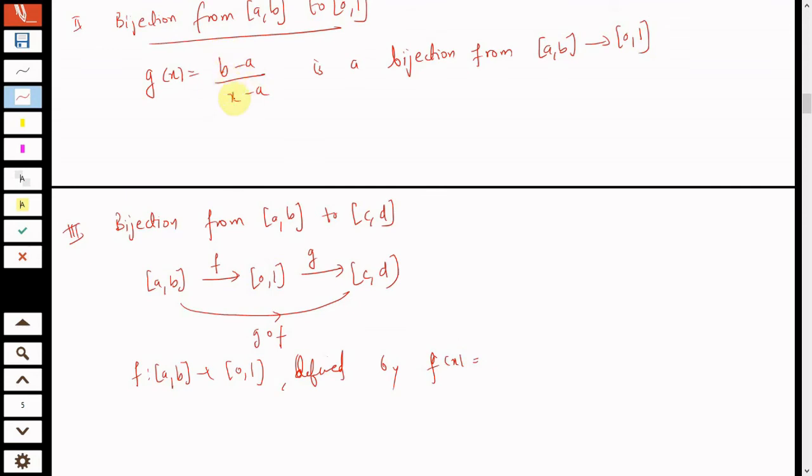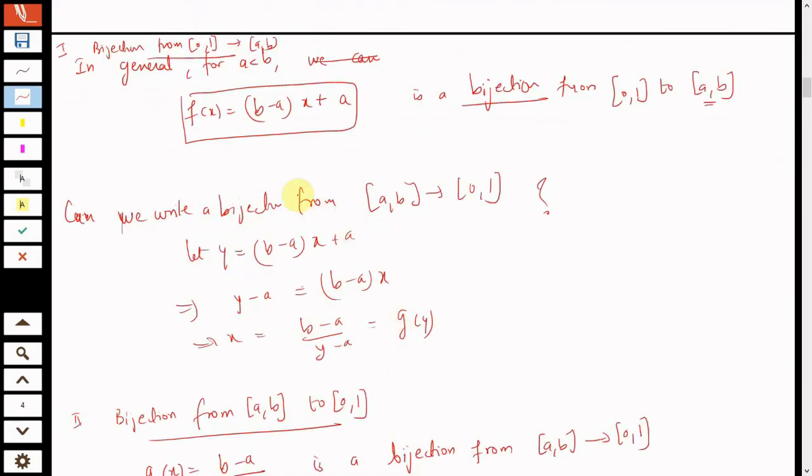So the notations are exactly same, so b minus a upon x minus a, and g from 0 comma 1 to c comma d defined by g of x is equal to, okay, now this is a mapping from 0 comma 1 to a comma b, so it is of this kind.